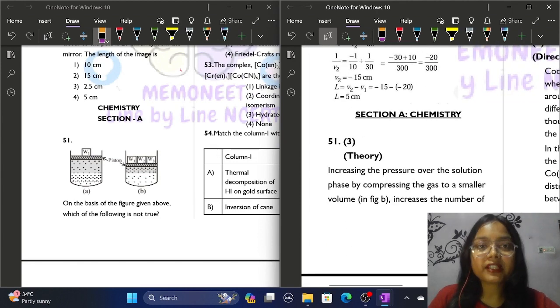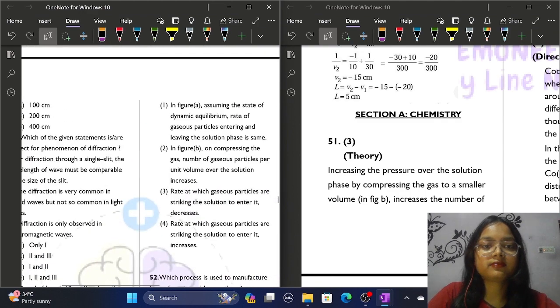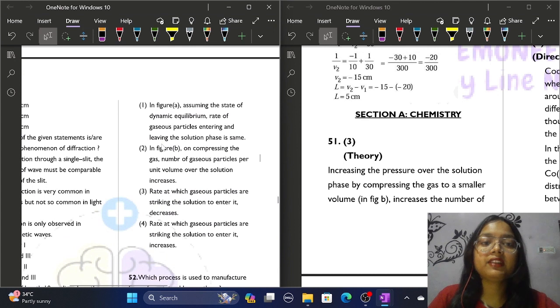Yeah. So for chemistry, question number 51, there is a diagram given here. On the basis of the figure given above, which of the following is not true? Let's look at the options. In figure A, assuming the state of dynamic equilibrium, the rate of gaseous particles entering and leaving the solution phase is the same.